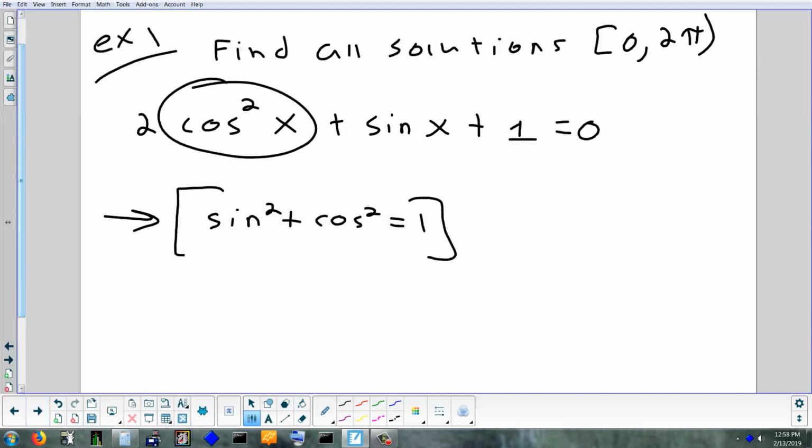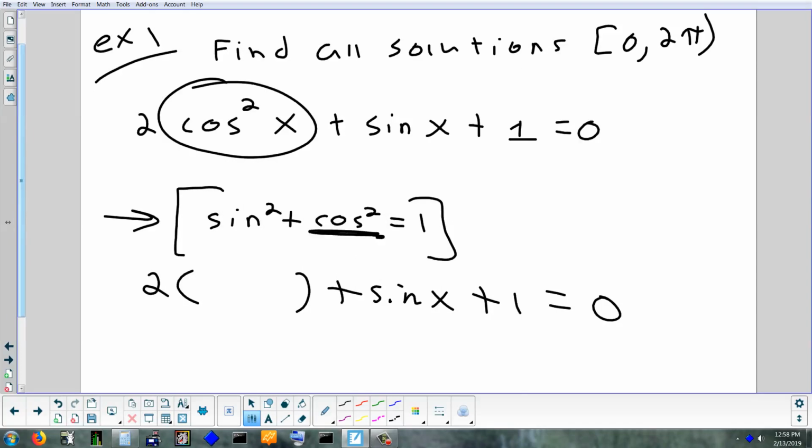Using this Pythagorean identity, we're going to substitute in for cosine squared. Everything else is going to stay the same. What can you change cosine squared to if you get it by itself in that formula? Yep, 1 minus sine squared. Now, distribute out the 2 and rewrite it so that it's something squared, something, and then the constant.